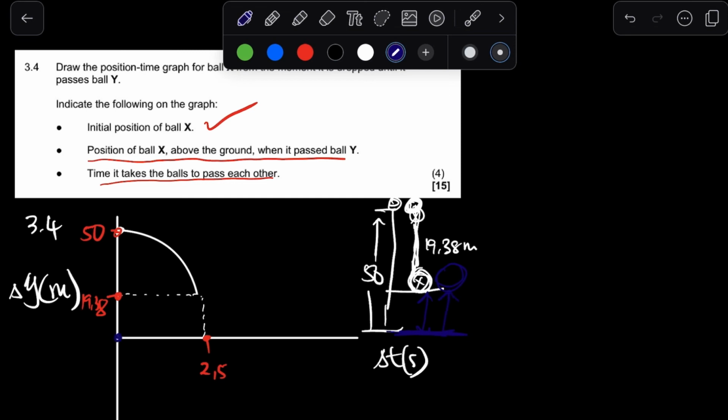So your zero is going to be there and your curve is going to be like this, and it took the same time, which is 2.5 seconds. This is the curve for X and this is the curve for Y. Remember, the curve for Y was not asked, they only asked for X, not for Y.